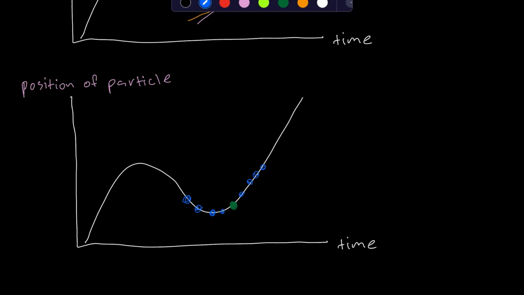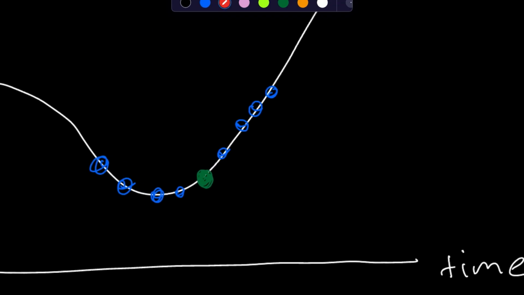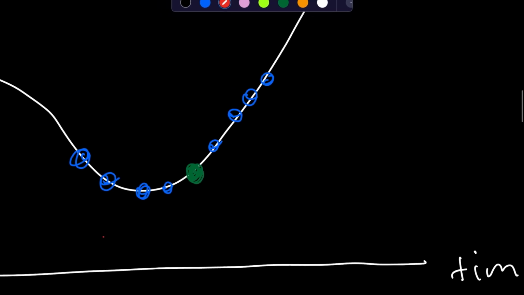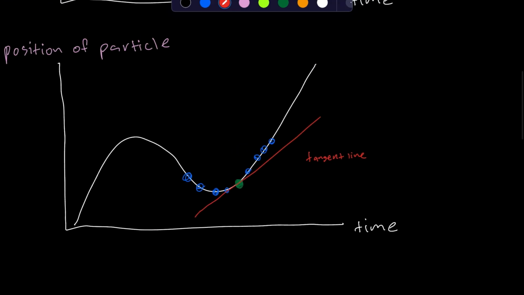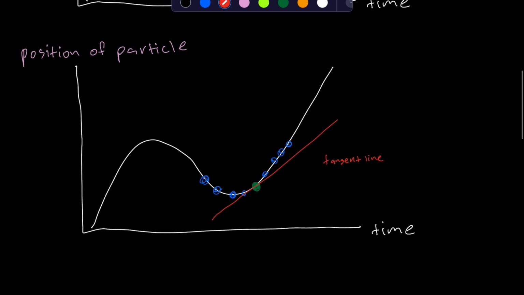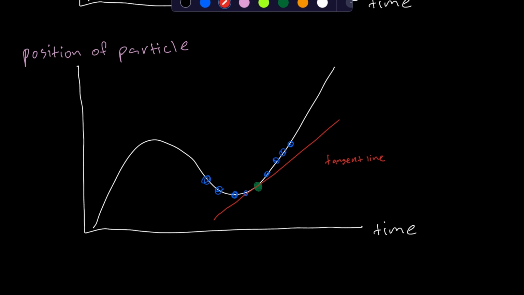With calculus, we can actually get the slope at that particular point, and have a tangent line that gives you the exact slope of that point. How fast, or what is the velocity of that particular particle at that particular point? No more estimating. It's the exact value.